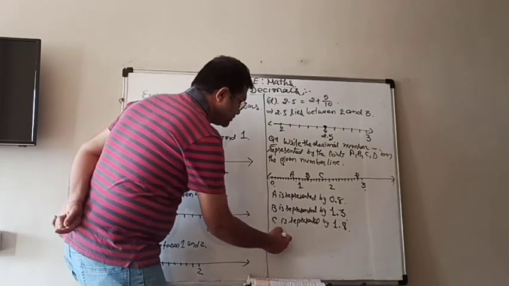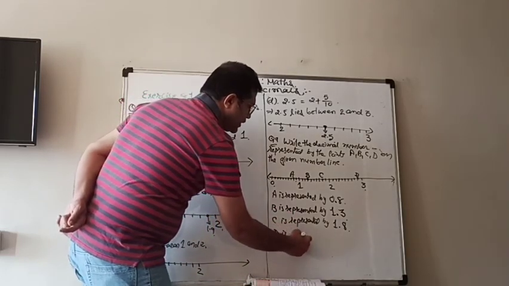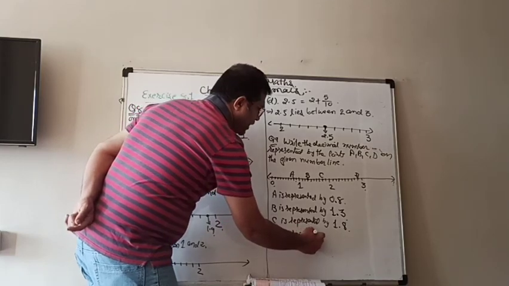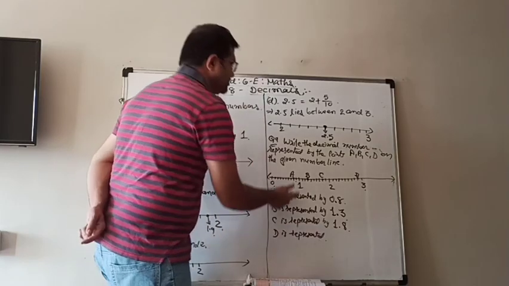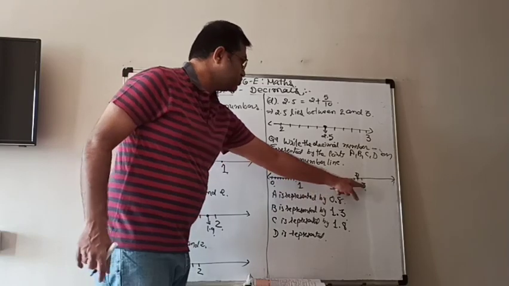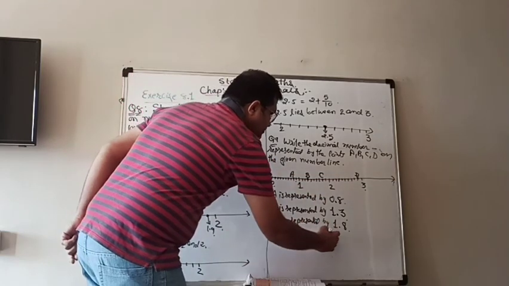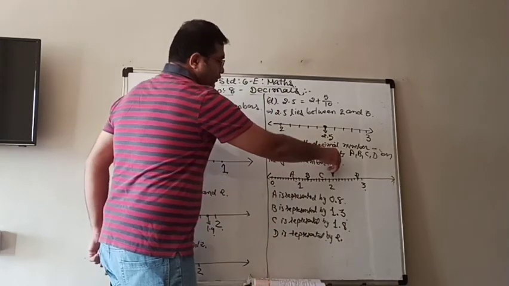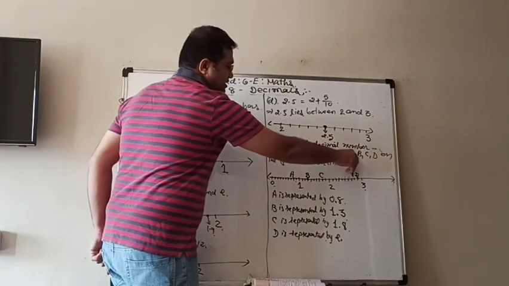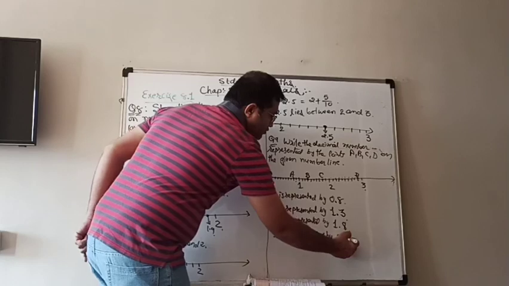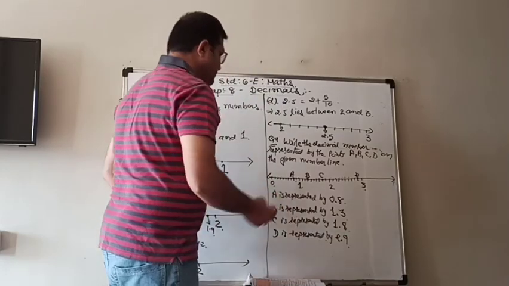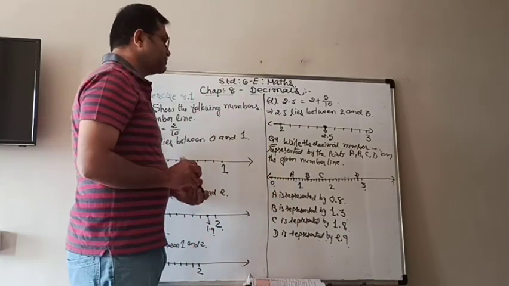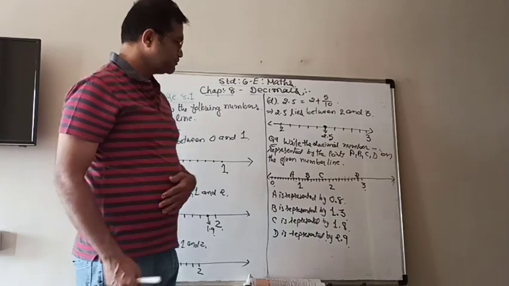And the last, D. Between which two whole numbers is it? Between 2 and 3, so it must be 2 point something. How many? 2.1, 2, 3, 4, 5, 6, 7, 8 and 9. So it is represented by the number 2.9.